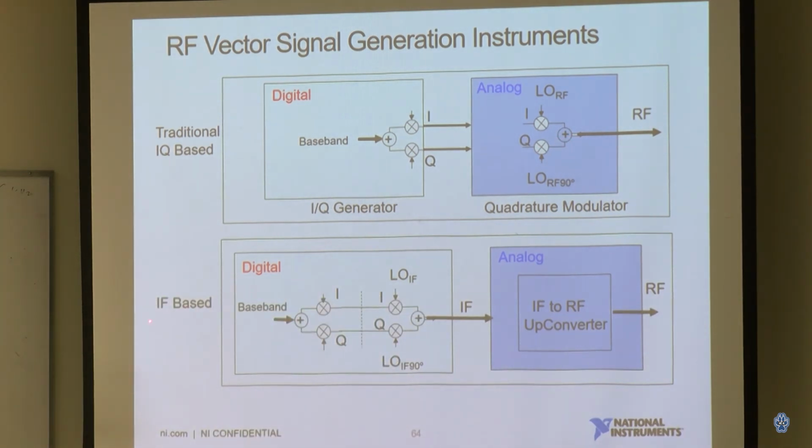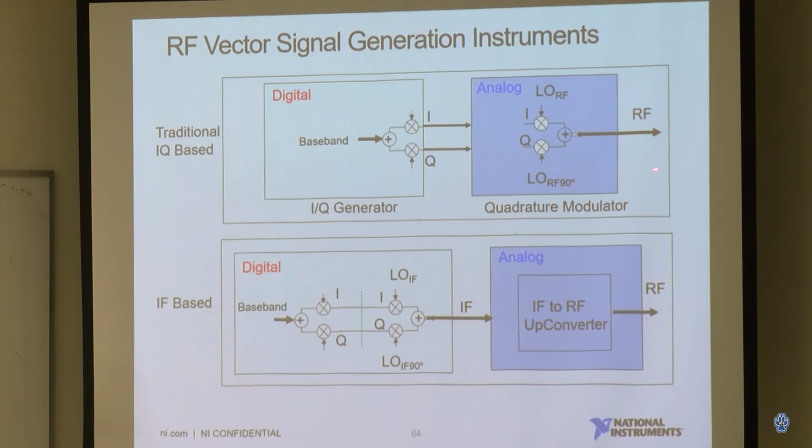But you see the RF base, you're basically doing the direct conversion to an intermediate frequency, and then you're using the intermediate frequency to up convert to a way higher frequency. If you're using direct conversion, you cannot generate an RF frequency above maybe 20 gigahertz.